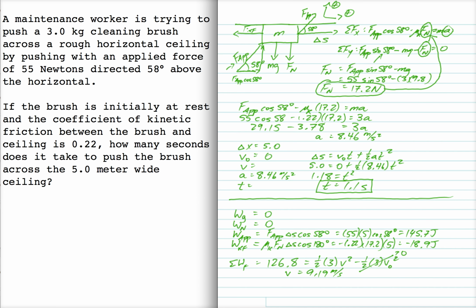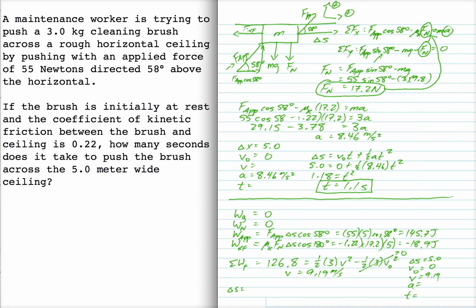But I need time, so I've got to take advantage of the fact that, again, using my equations of motion, let me look at my assumptions again here. We're running out of room. So delta S is 5, V naught is 0, V is 9.19.